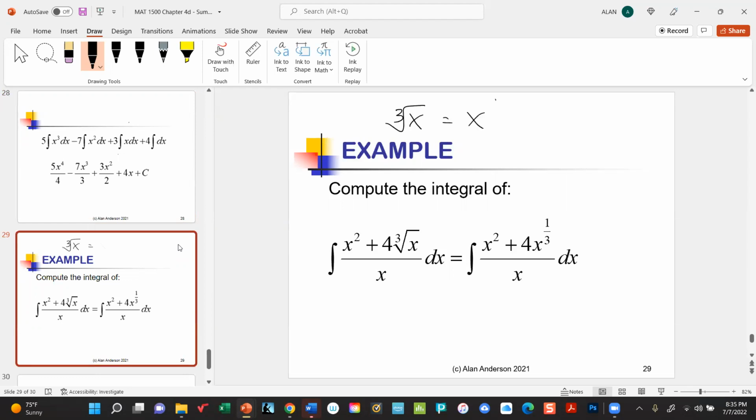Just recall that this is equal to x to the 1/3 power. So we have x squared in the numerator plus 4x to the 1/3 over x. Now, clearly, we can divide. And what happens when we have 4x to the 1/3 over x? Well, remember, there's an implicit 1 here.